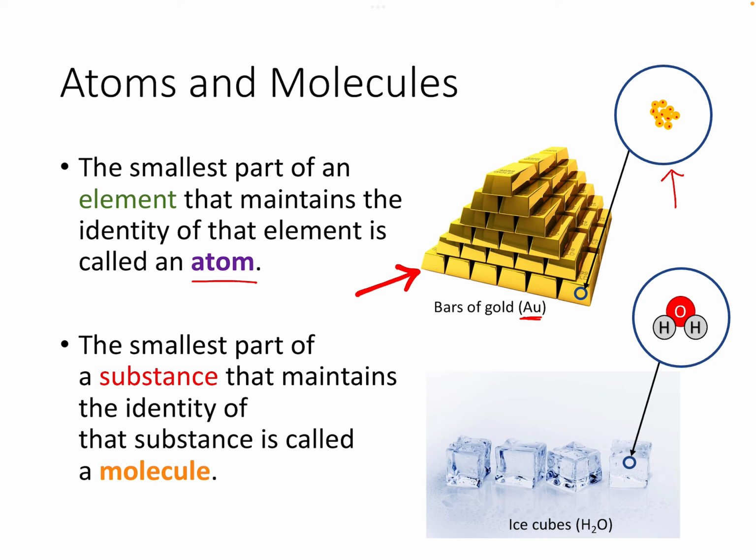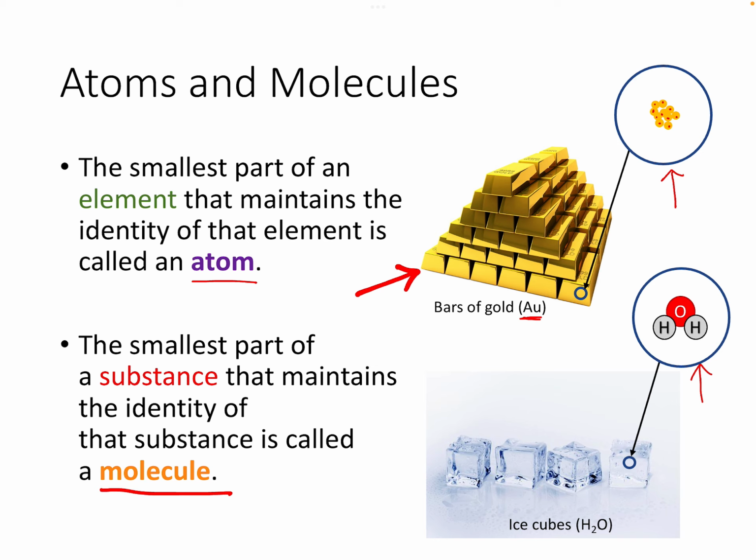And then the smallest part of a substance that maintains the identity of that substance is called a molecule. So, for example, if we took an ice cube and chopped it up into smaller and smaller pieces, eventually we would get to the smallest part of that substance, which is a molecule of H2O.